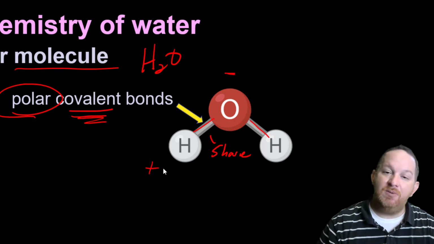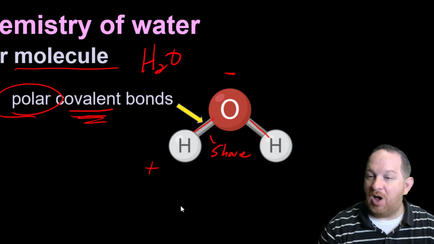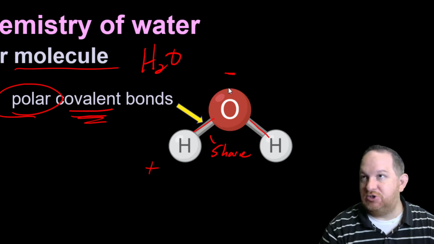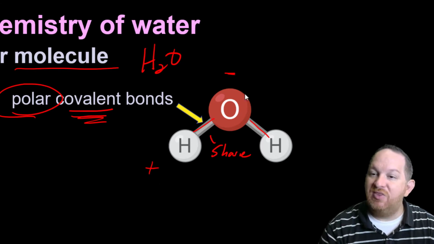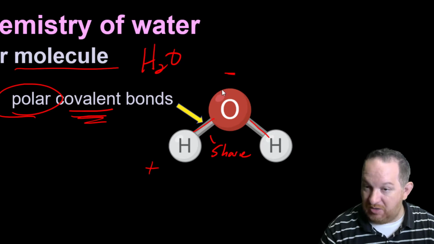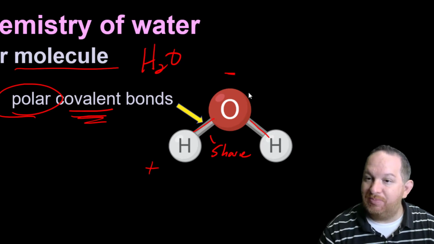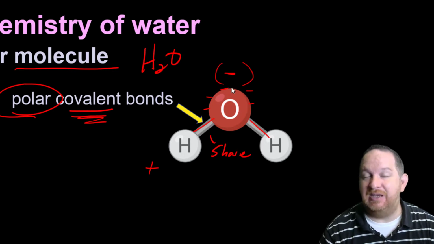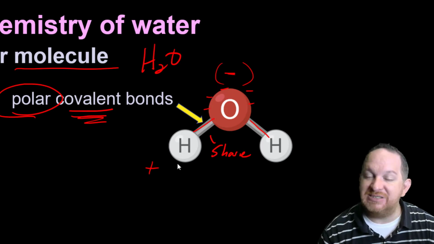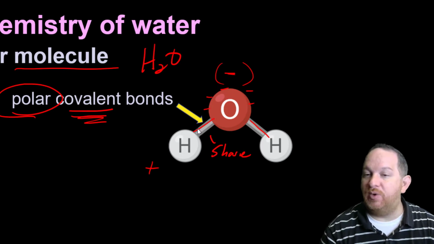What's that mean? Well, because this molecule has uneven distribution of electrons, right? The oxygen has more electrons than the hydrogen. So because there's so much electrons, so much negativity up here, this creates a negative pole up here, right? Lots of negative electrons. Down here, hydrogen is less negative. So if it's less negative, it's more positive. So this creates 2 poles. We call this a polar covalent bond.